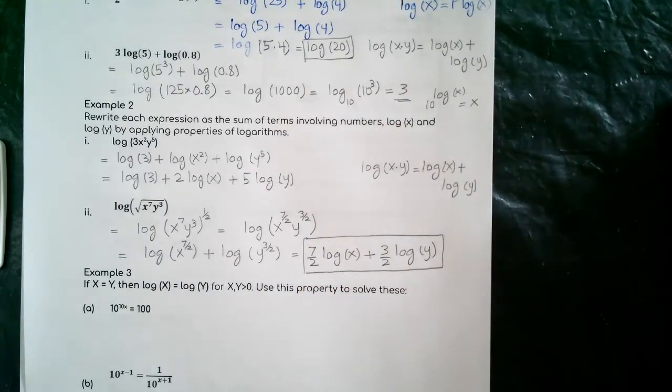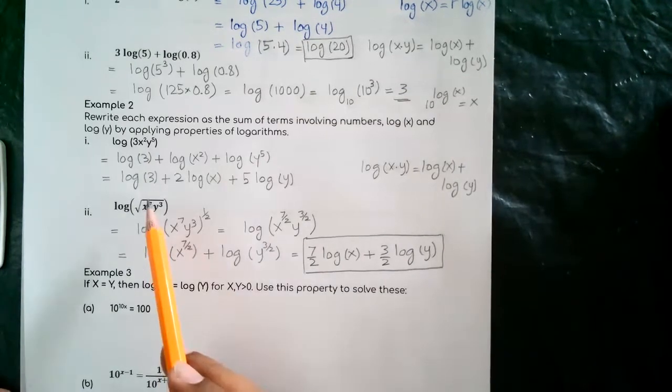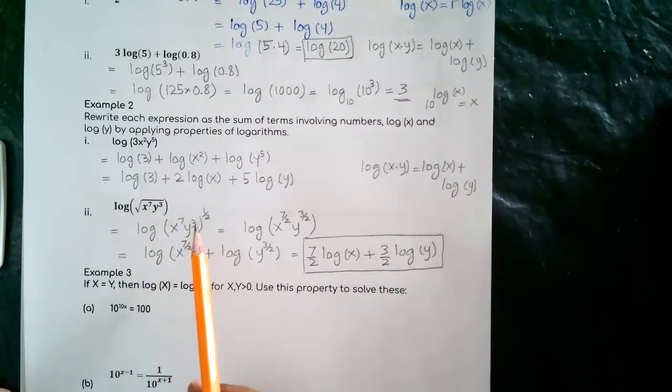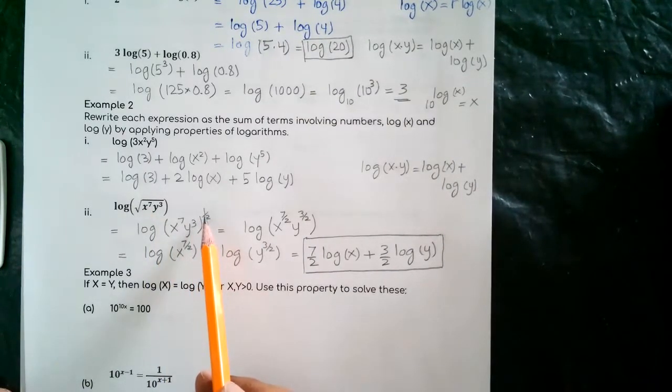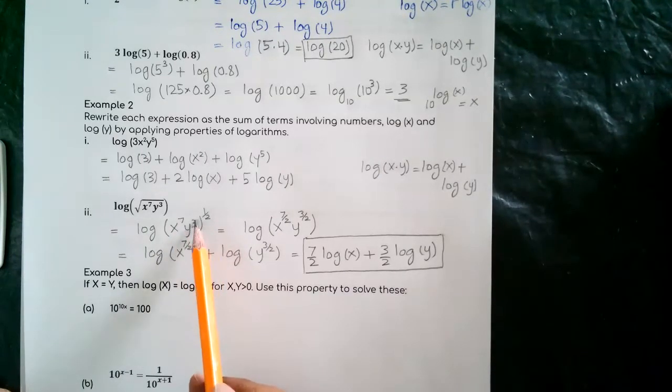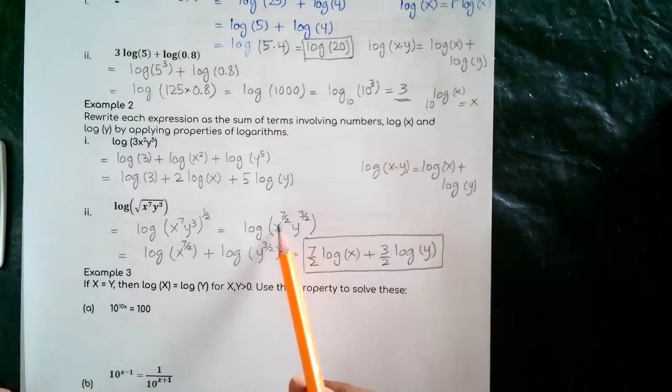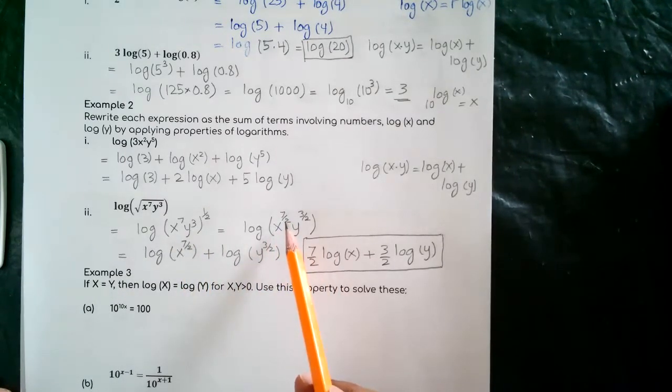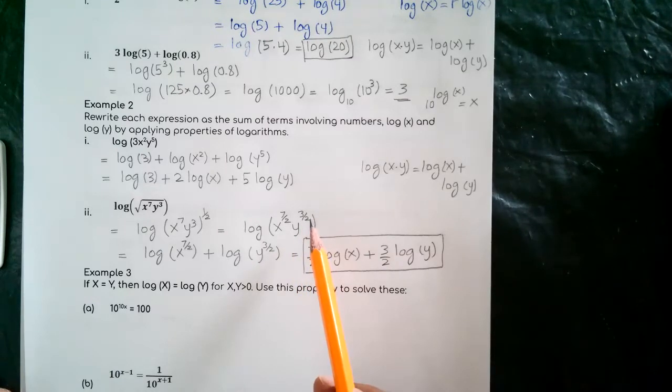Okay. So remember, first step, you had the square root. You change that to power 1 over 2. Second step, you multiply this exponent with each of the exponents inside. So 7 times 1 over 2 is 7 upon 2. Y exponent 3 times 1 over 2 is y exponent 3 upon 2.